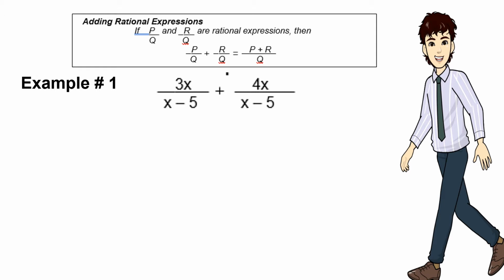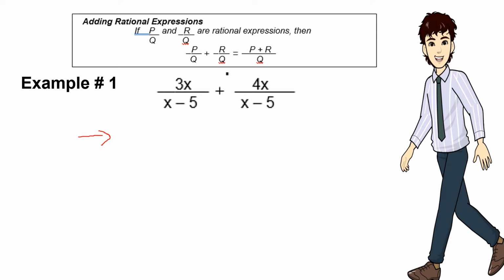So sa first addend natin, we have our denominator x minus 5 and the second one is x minus 5. Therefore, this is considered a similar rational expression, then we may be able to add our numerator.